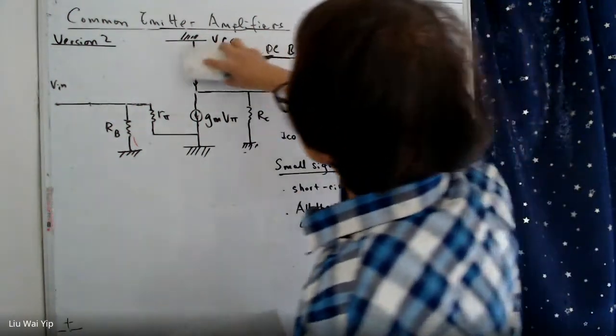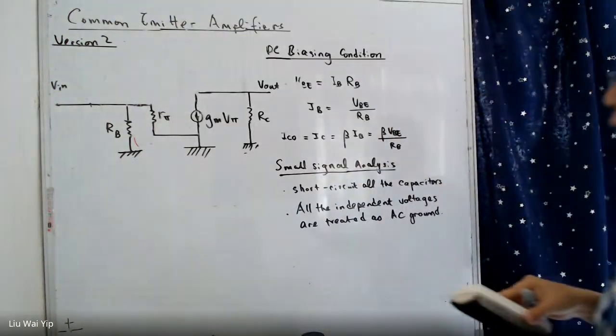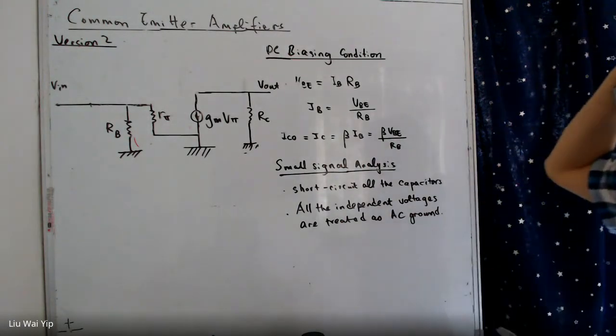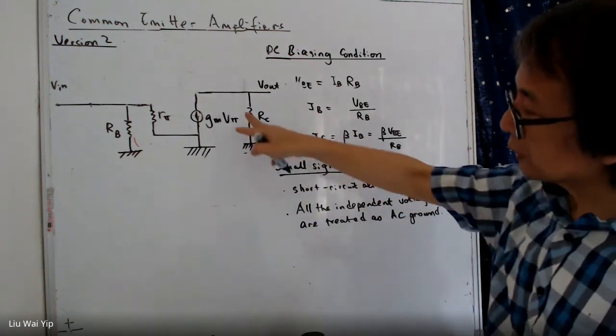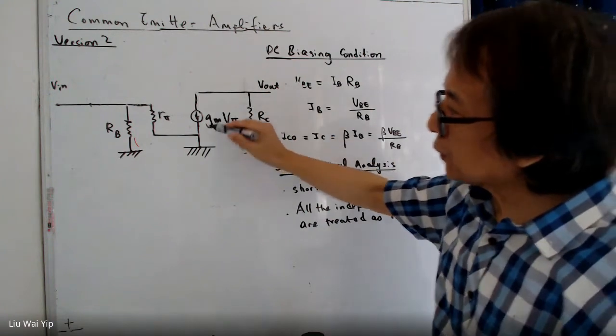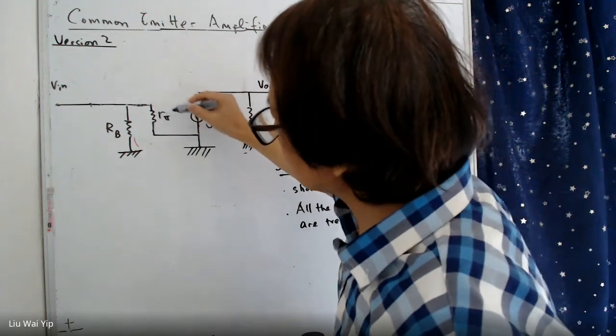And you can use this circuit to calculate the voltage gain. And first of all, the V pi is the voltage across this resistor.